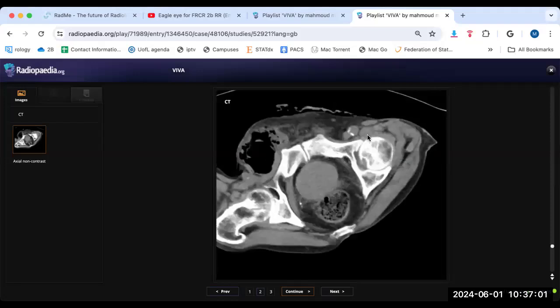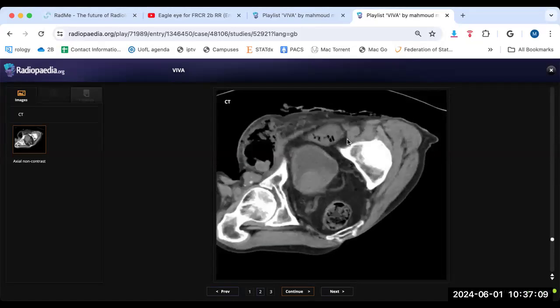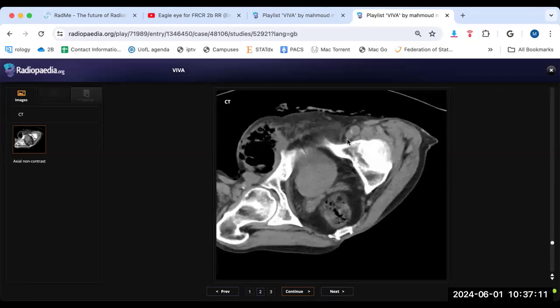Yes, I can see there is evidence of hernia. There is a soft tissue mass lesion seen in front of the right inguinal region, likely representing a hernial sac.